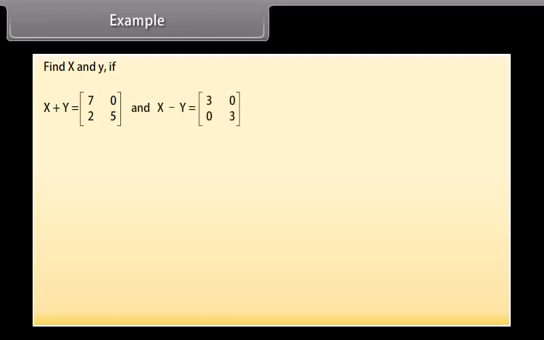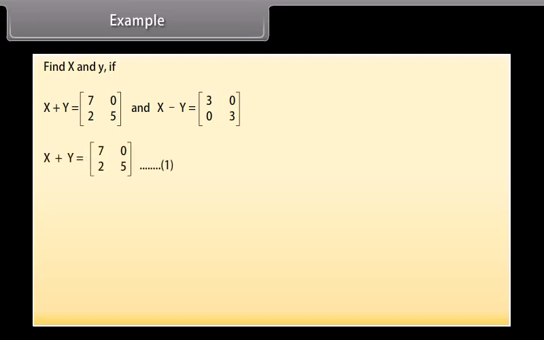Example. Find X and Y if X plus Y is equal to the matrix, row-wise: first row 7 0, second row 2 5, and X minus Y is equal to the matrix, row-wise: first row 3 0, second row 0 3. Solution.